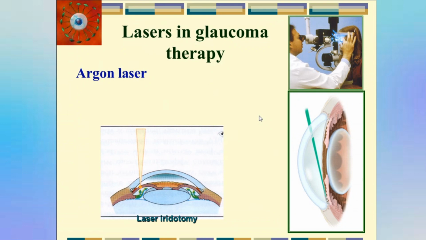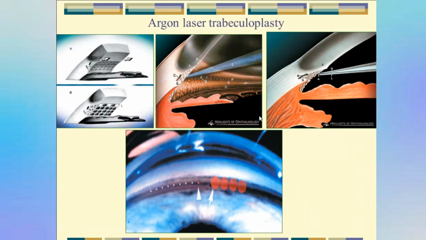If the conservative treatment, if the eye drops are not effective, we can add laser treatment. Usually we use argon laser trabeculoplasty to make incisions, to make space in the trabecular mesh.